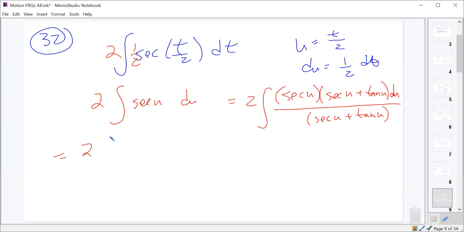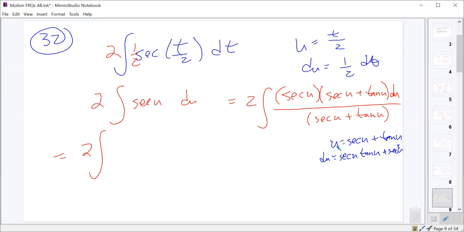We then end up with 2 times the integral of, well, let's see here. Let's let u equal this denominator, secant u plus tangent u. What would du be? That'd be secant tangent plus secant squared. Well, if you distribute out this numerator, you get secant tangent and secant squared. So that whole numerator is just your du.